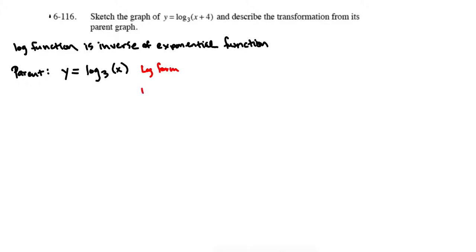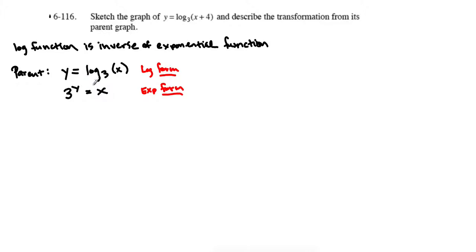If I wanted to put that in just exponential form, not turning it into an exponential function per se, just exponential form, still a log function, I would say, all right, 3 is going to be raised to the power of y to equal x. So that would be 3 to the power of y equals x. That is still the same function there.